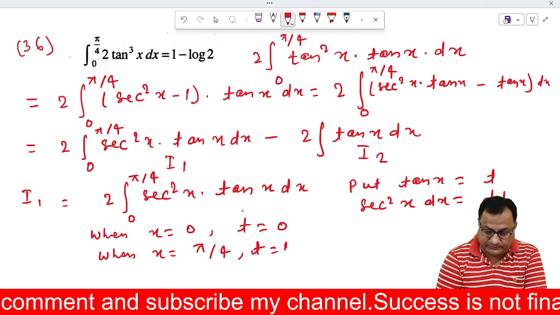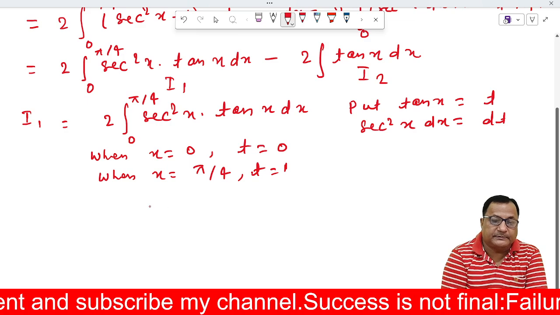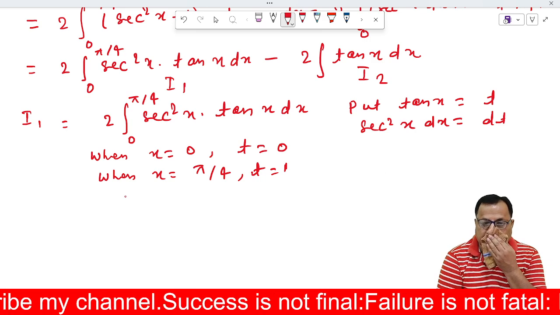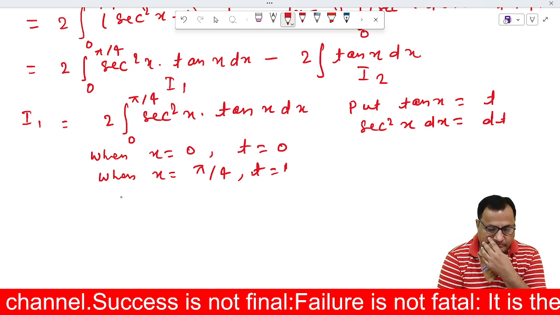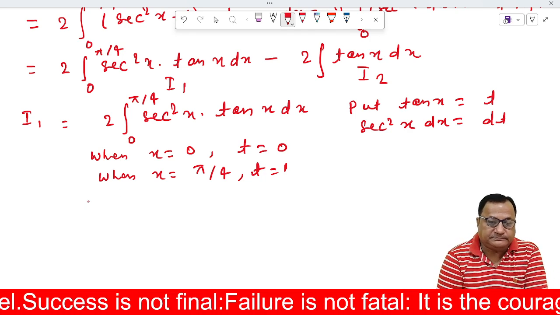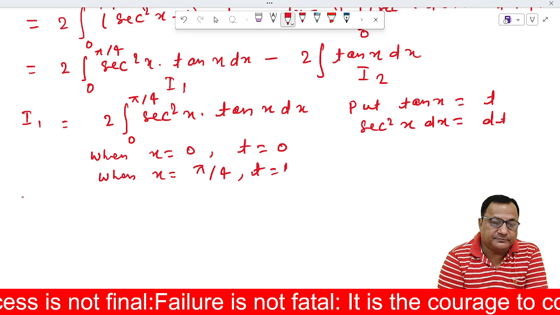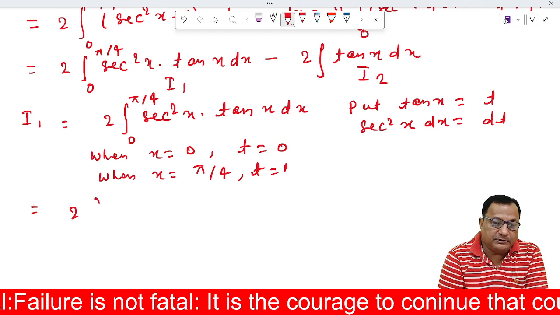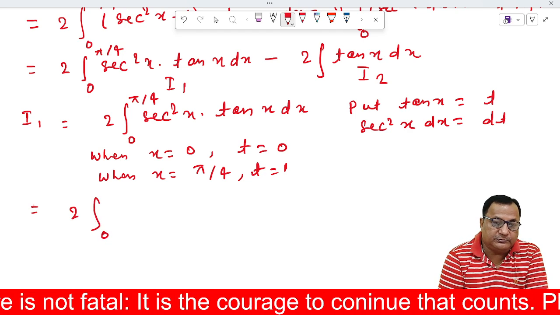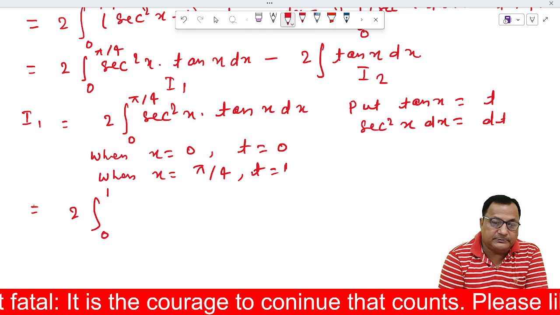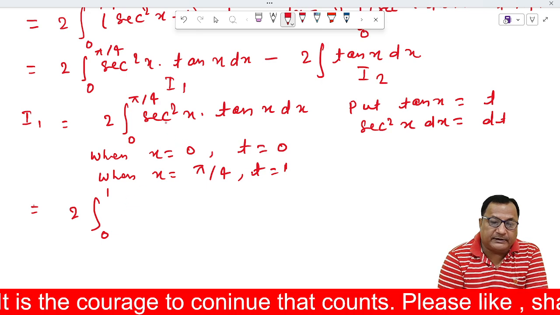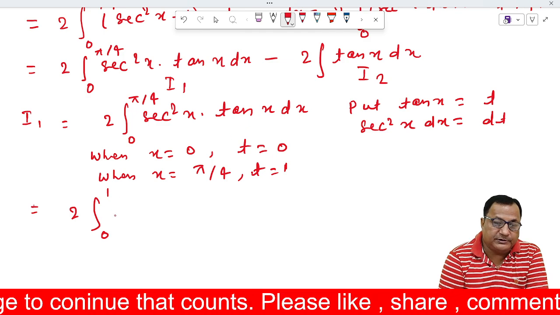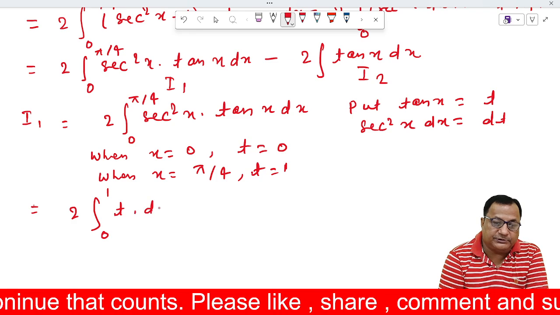Now we'll put the values: 2, lower limit 0, upper limit 1. Sec square x dx is equal to dt, and tan x is equal to t, so t into dt.